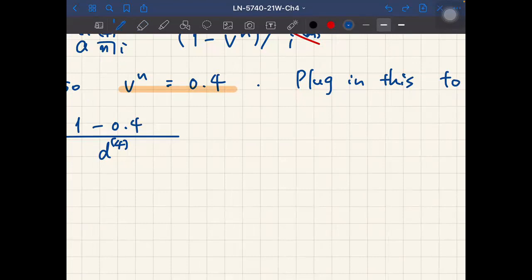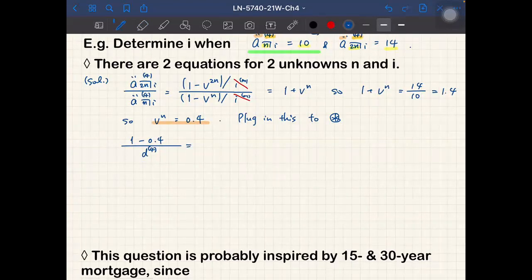Now we can derive d superscript 4. So 0.6 over d superscript 4 is equal to 10. So d superscript 4 is equal to 0.06. So we have a 6% discount.